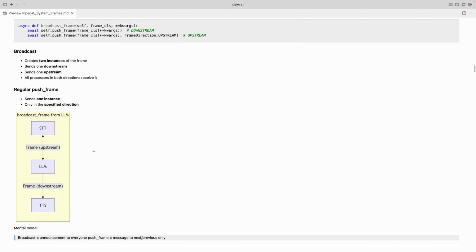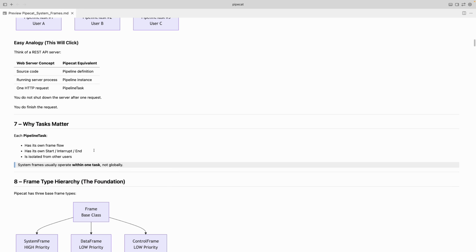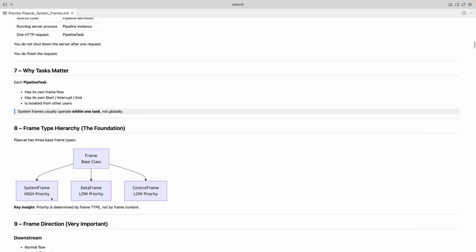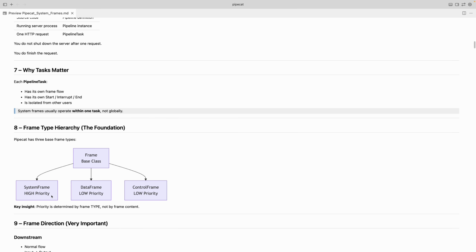If a system receives one of them, it would enable the system to either start doing something or stop doing something, or it is a signal which should be prioritized ahead of all the other frames. So that's why we needed to create a priority. System frame is of high priority and control frame is of low priority.